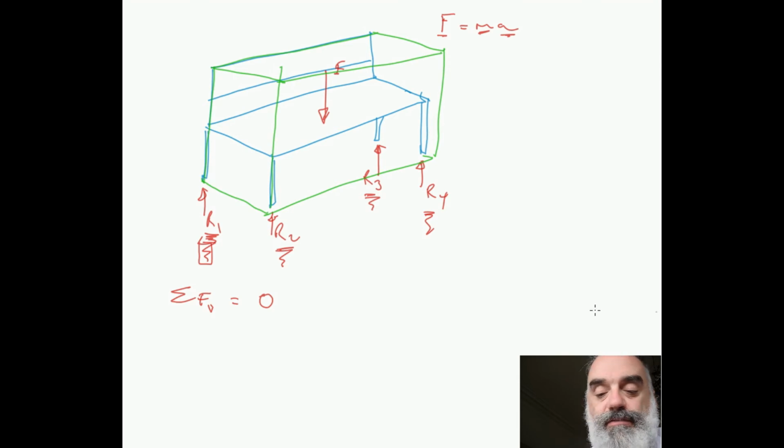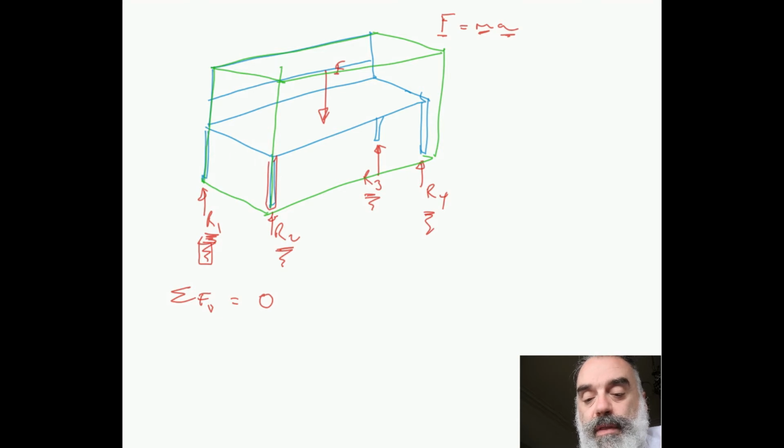Now, in reality, this bench is made up of the legs, and those legs have a connection to typically a downstand beam, which connects those two legs and picks up components in this direction, which are the bench planks, or the planks which make up the seat of this bench. But that's more complicated than we need for the global equilibrium checks that we're interested in doing at the moment.